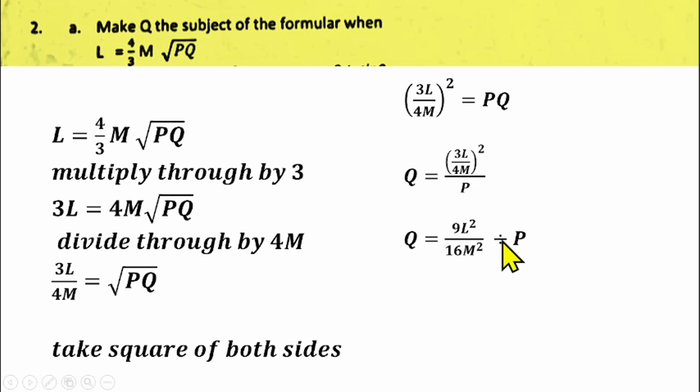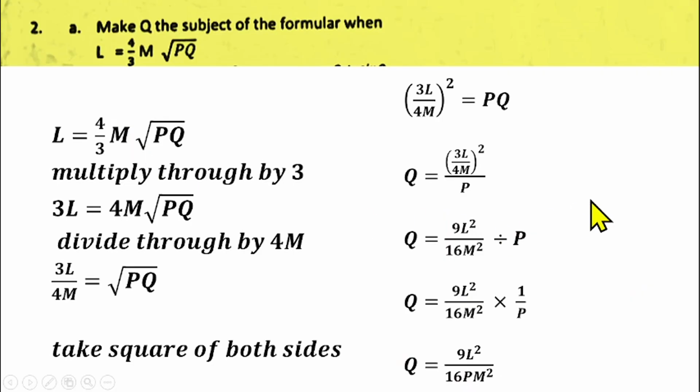This division can be written as this. Then 3L squared gives us 9L squared. Then 4m squared gives us 16m squared. Then from there you can change this division to times, so that should give us 9L squared over 16m squared times 1 over P, and P will multiply this, so that should give us 9L squared over 16Pm squared. So that's how to make Q the subject of the formula in this case.